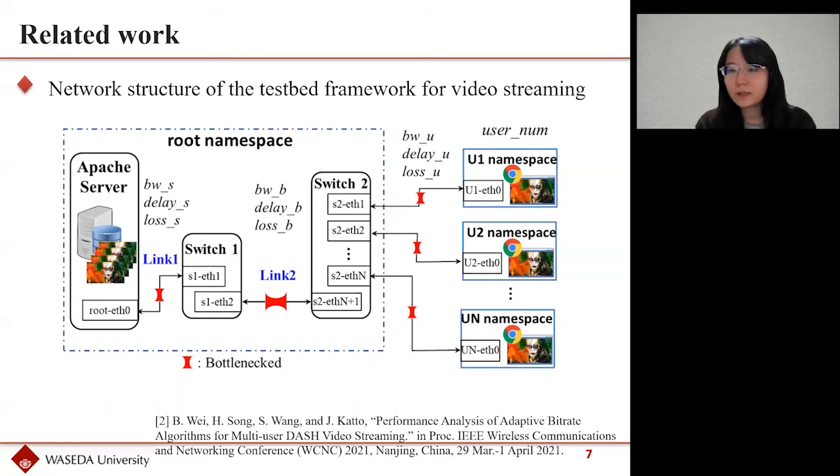Two virtual switches, S1 and S2, are connected with each other, and the link between the two switches is bottlenecked to limit the network capacity for the content delivery. The properties of each link can also be modified accordingly. This research has been published at IEEE WCNC 2021.